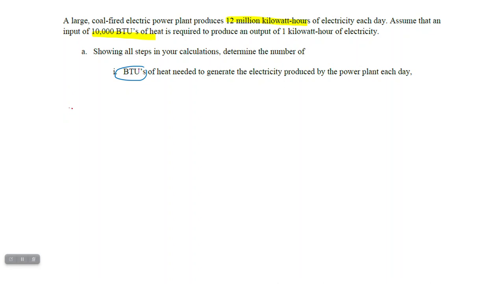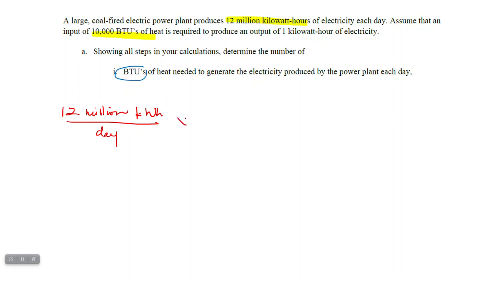They tell us that it's 12 million kilowatt hours, and that's per day. And remember, we want our answer for one day. All right, but we want to know how much electricity, how much heat we need to produce 1 kilowatt hour of electricity. Oh no, sorry, that's how much we have for 1 kilowatt hour of electricity.